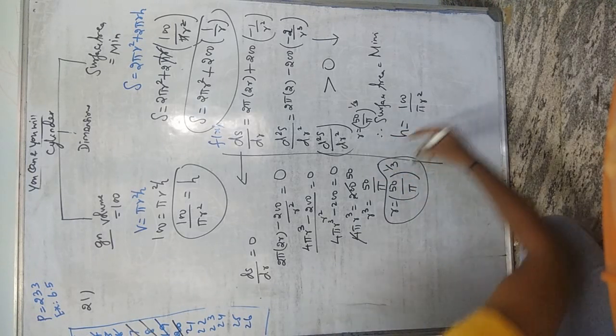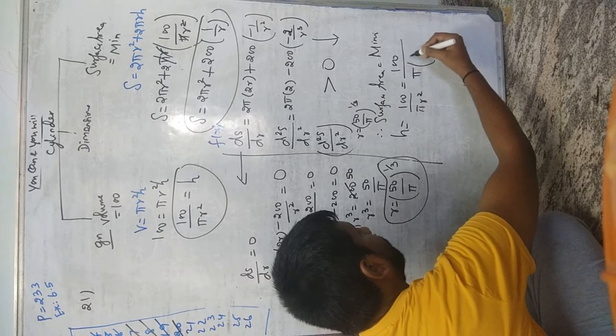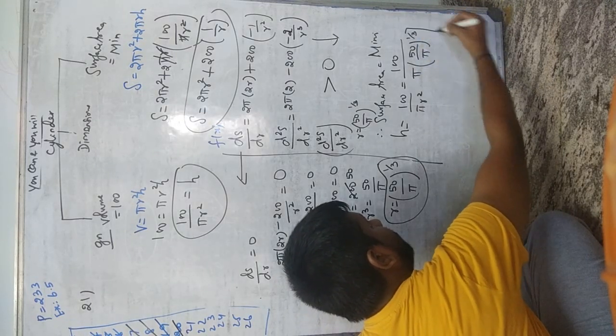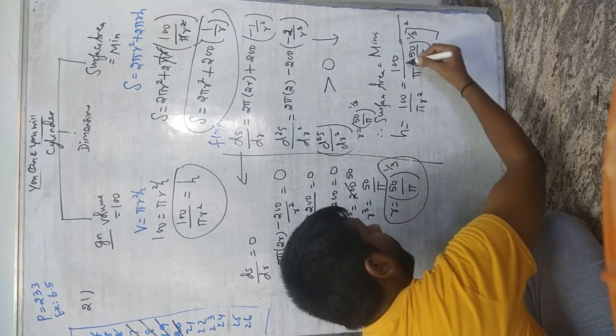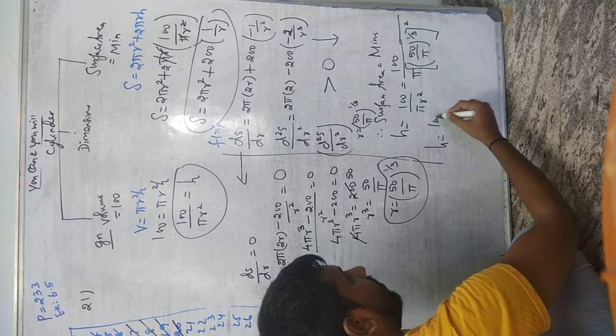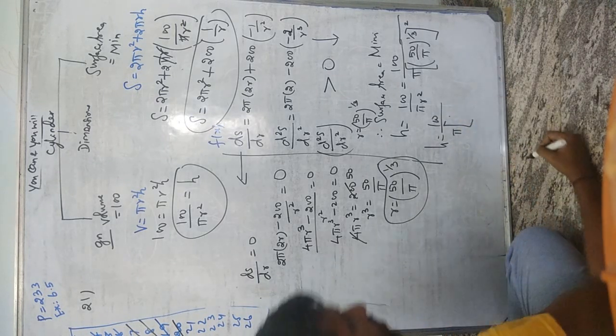So r², that is 100 upon π into r value (50 by π) power 1 by 3, squared, right? So I have to square. So finally I got 100 upon π, sorry.